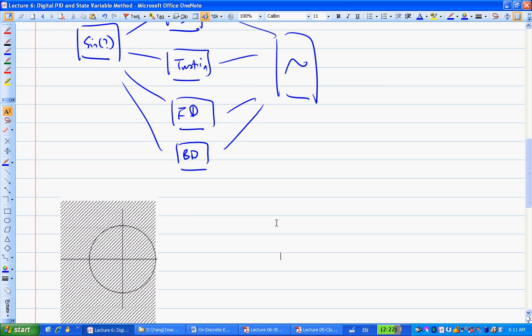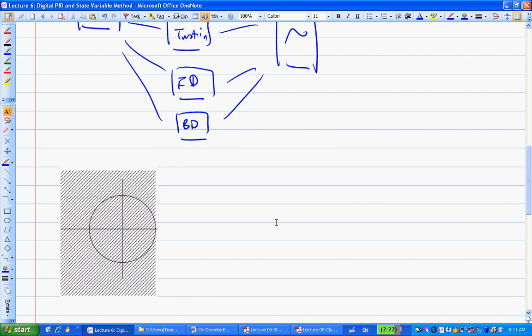Okay, so what this one does is, this is a forward difference. Okay, so this is a mapping. Here is the S-plane, and this is the Z-plane. Given the S-plane, with a continuous system, we learned where the stable region is for a continuous system.